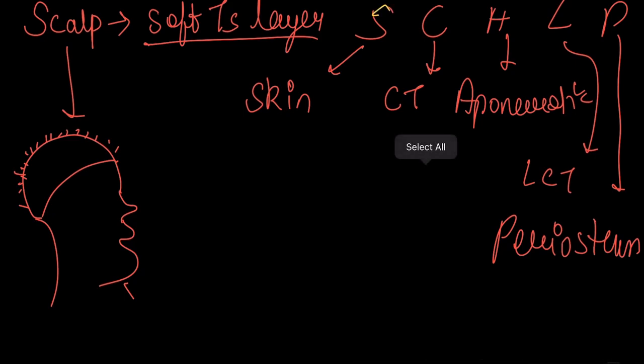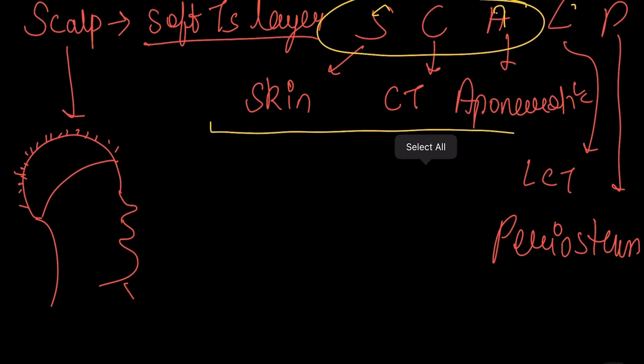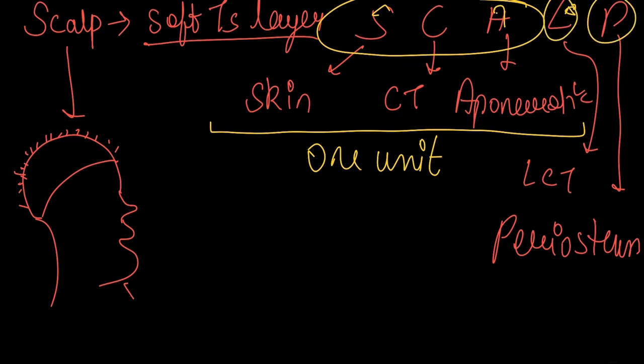These best friends are S, C and A. So we consider these 3 as one unit, and there is single L and P. L is most important when we talk about the scalp, that is, loose connective tissue is one of the most important layers of the scalp, and P is also important, but most important is L, that is loose connective tissue.